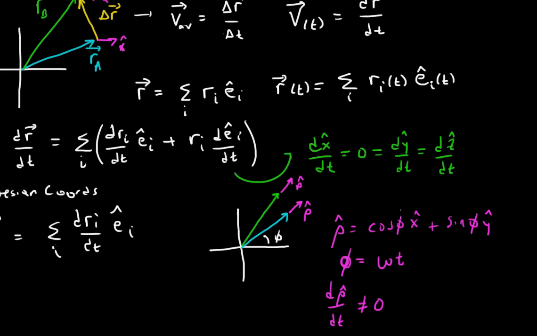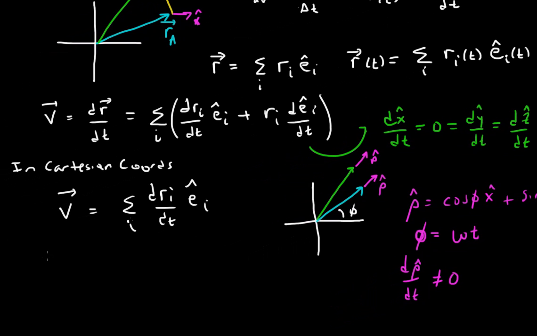I'll get a derivative with respect to time here and here, and those won't be 0. So in general, dei dt is not equal to 0, and we'll have to be very careful when using non-Cartesian coordinates.